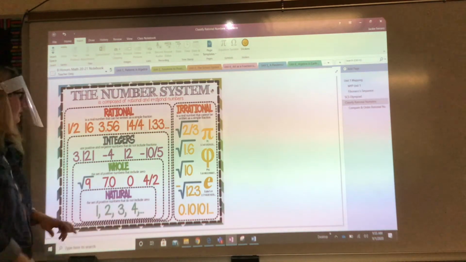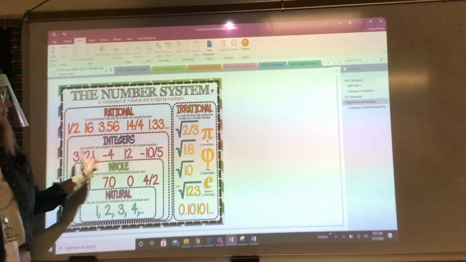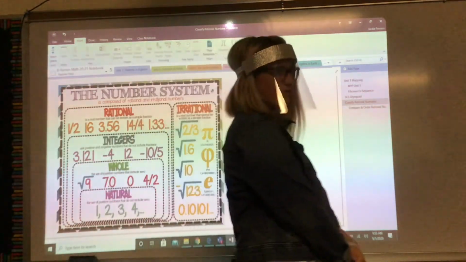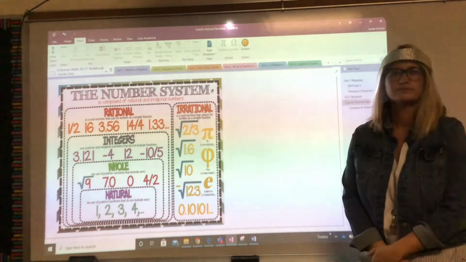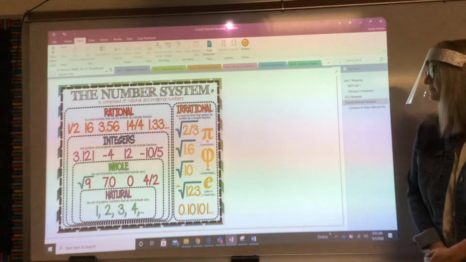Here we have integers. Do any of these look like they're in the wrong place? One of them's wrong. Jason? Is it negative 10 divided by 5?